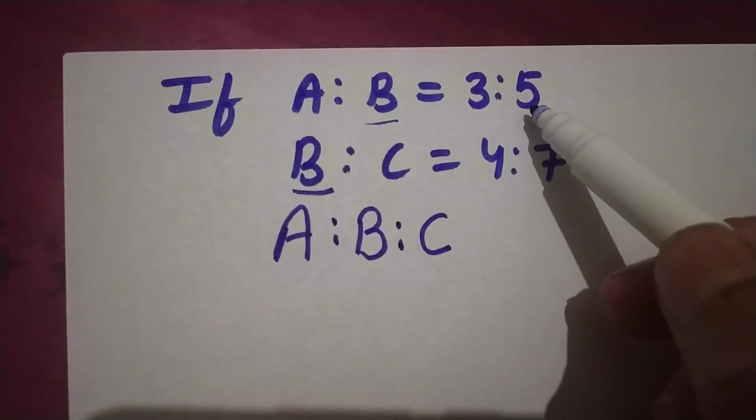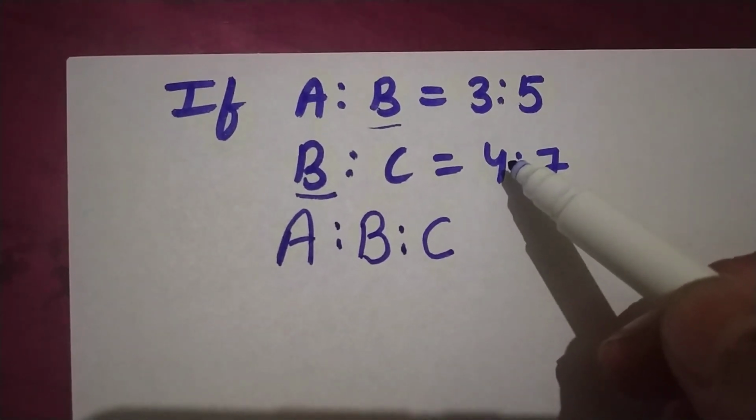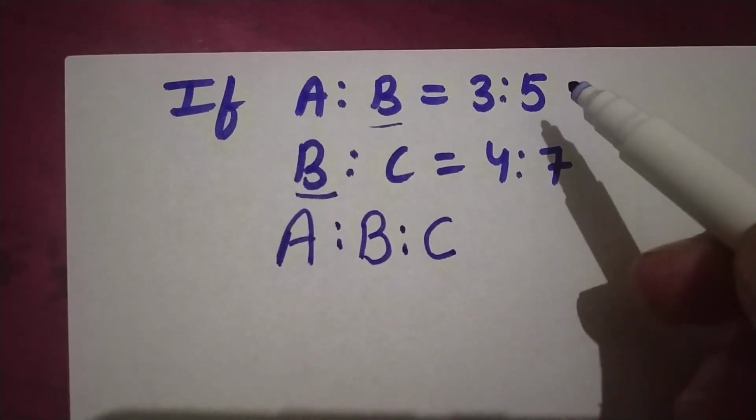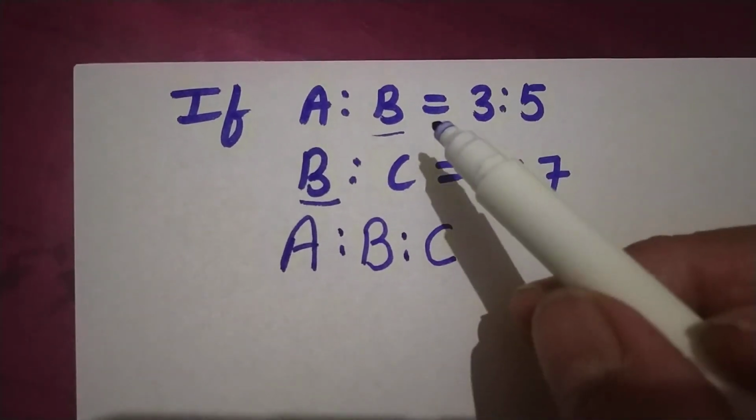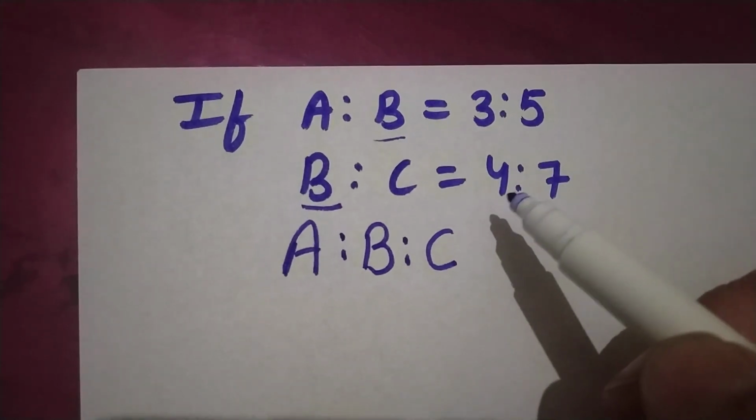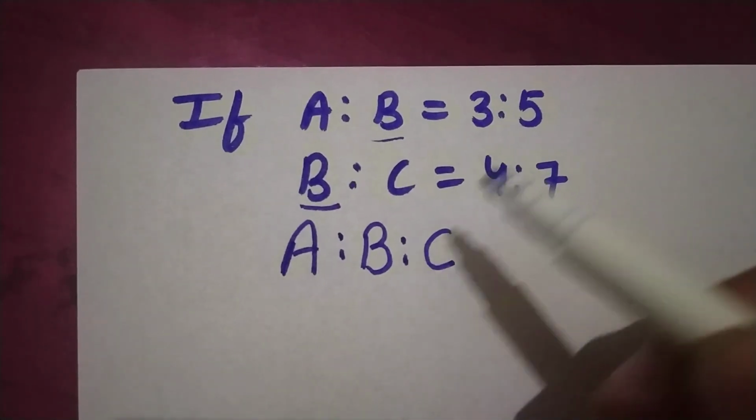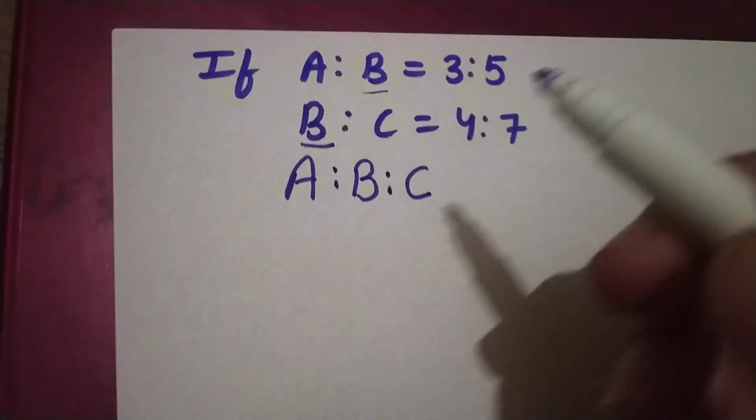Here the value of B is 5 and here it is 4. So first of all, we have to make B the same. Only then can we proceed further.